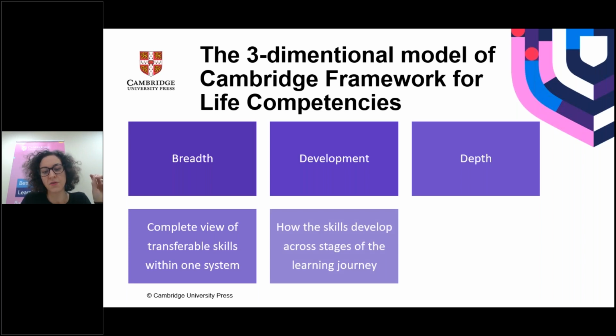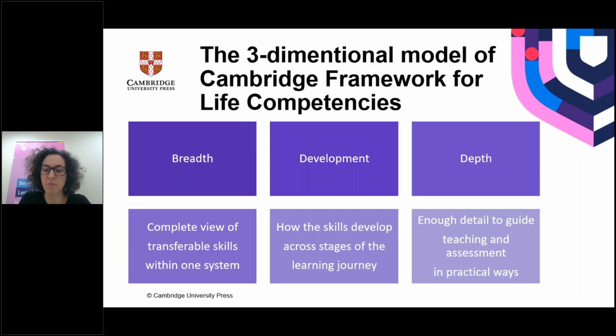Development is how the skills develop across the stages of the learning journey, starting from pre-primary and finishing with at work. And by depth, we mean that there are details, or we call them descriptors, or they can be called can-do statements, that help us understand how exactly it works on each stage and how exactly we can assess learners on each stage, what we can demand.